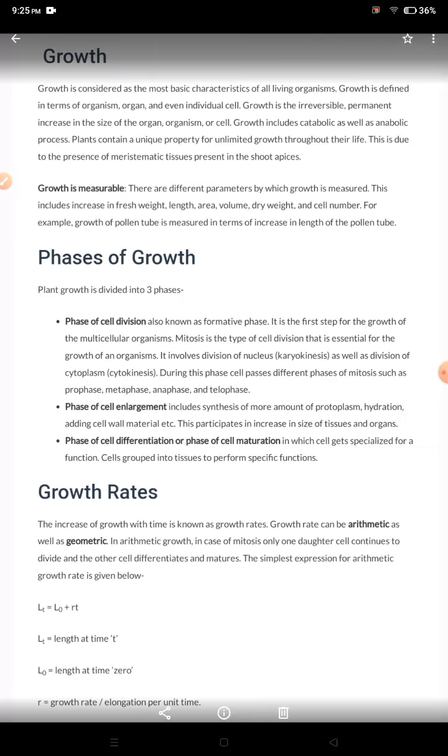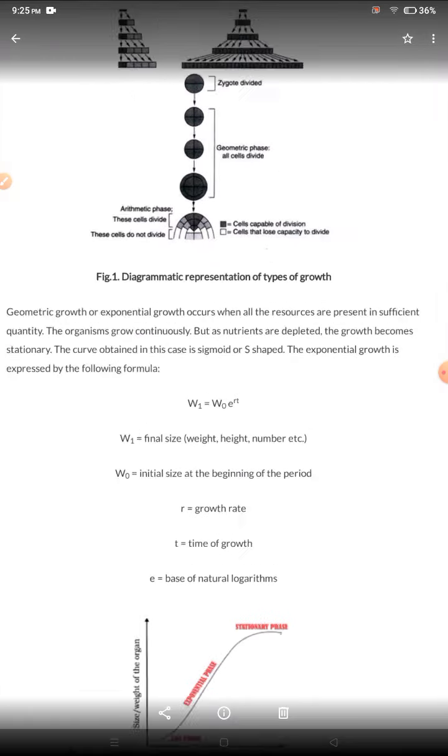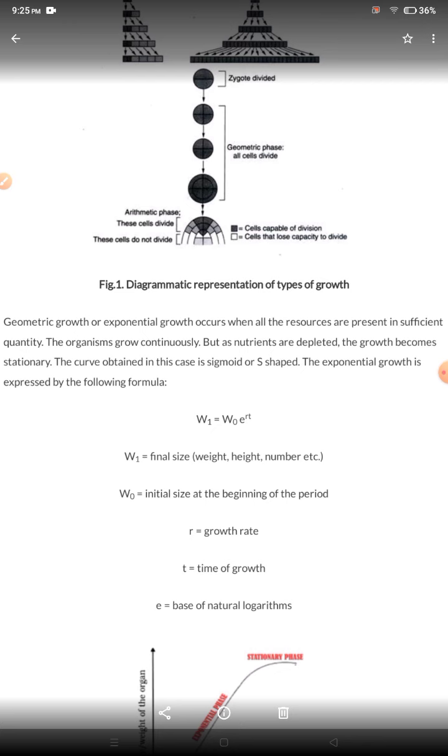Now we will discuss the geometric growth. What happens in case of geometric growth? We also call geometric growth exponential growth. In geometric growth, initial growth is slow. Initially जो growth है वो बहुत slow होती है.